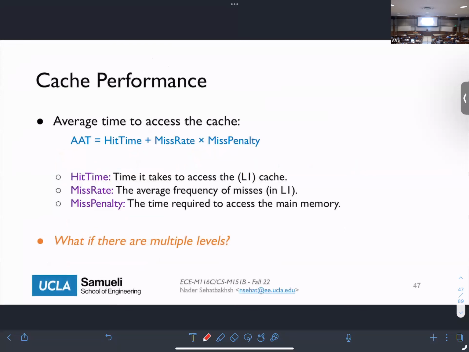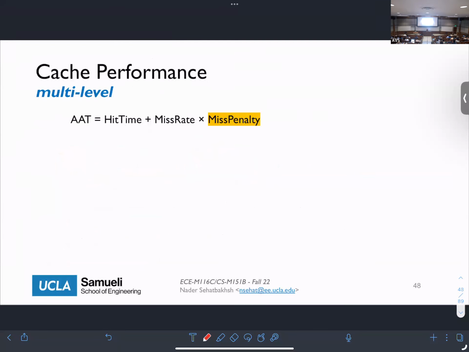If you have multiple levels of cache, then what happens in that case? Basically, your miss penalty becomes a new AAT itself. So this is the AAT of your L1 cache, in some sense. This itself becomes the hit time of L2 plus the miss rate of L2 times the miss penalty of L2.